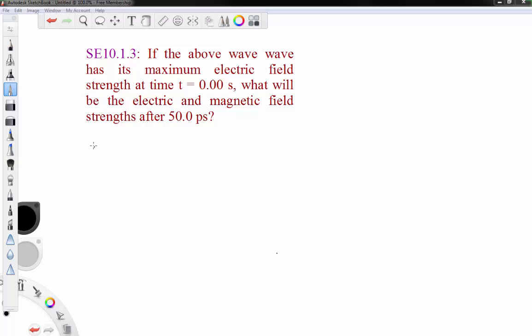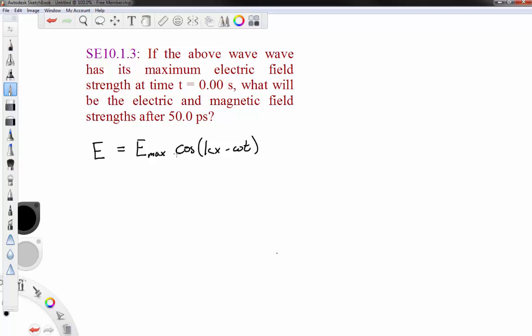Well, both fields can be given by something like E max times cosine of kx minus omega t. I had these guys backwards, it's kx minus omega t. And at time t equals 0, you have a maximum.